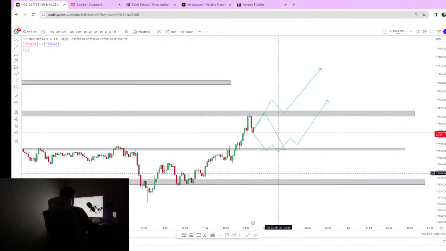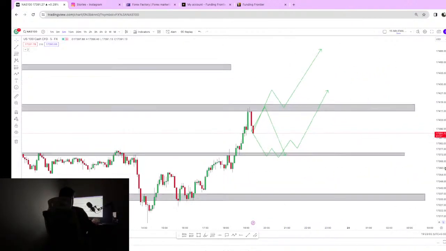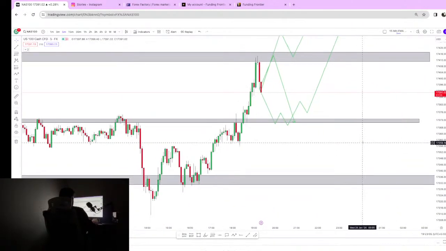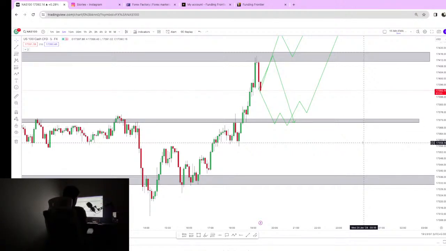So we'll be considering these opportunities. As soon as the market progresses, we'll observe what happens. We have a basic idea of what we are seeing, and then we'll react accordingly.